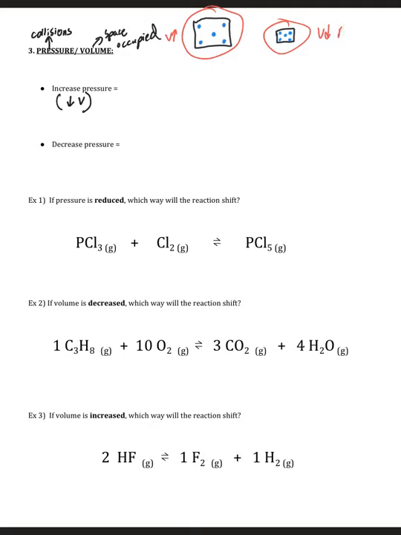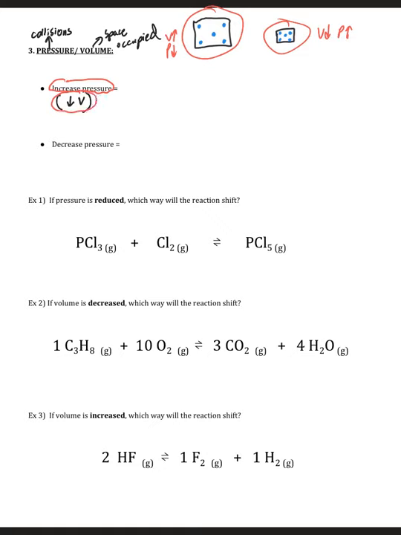This one would have a higher pressure because the particles are going to hit the sides of its container more often in that smaller space. This would have a lower pressure because those particles aren't going to collide with the sides of its container as much. So if you see something that says increase pressure, it is the same as saying you decrease the volume, or it's going to have the same effect.